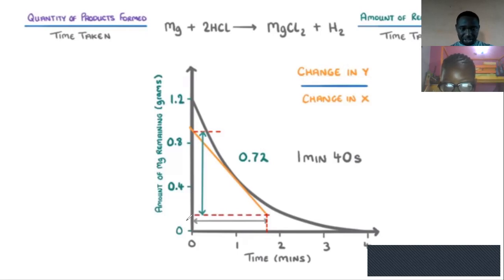Okay, that means each line, let's say each line is 0.08. If this is 0.08, another line will be 0.16.